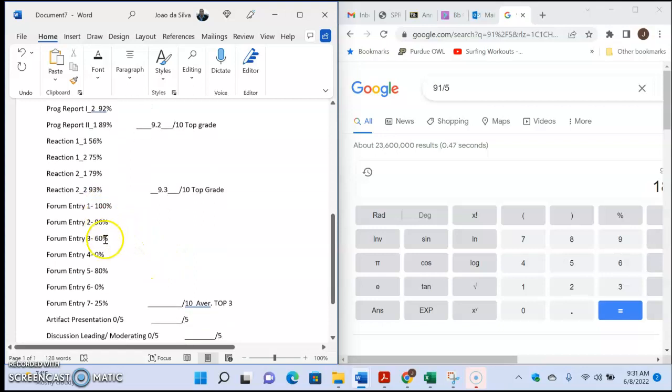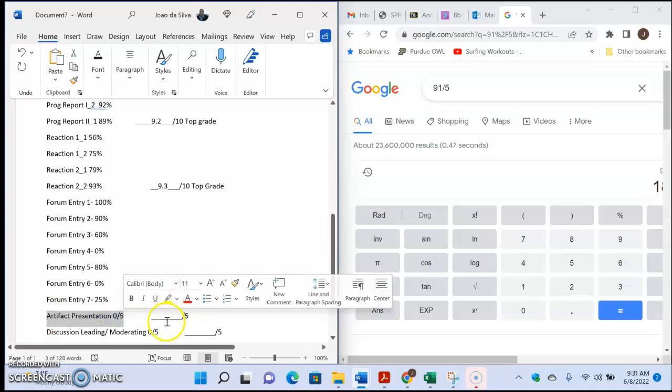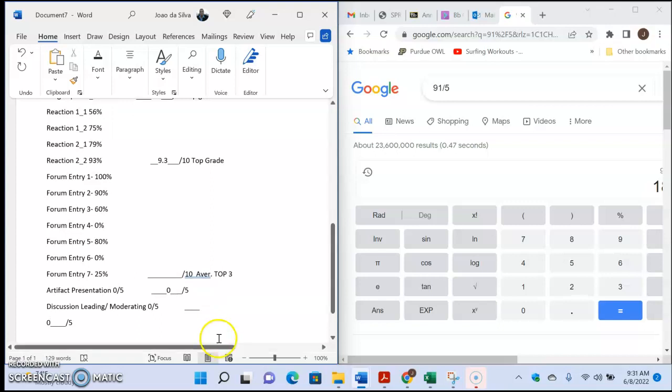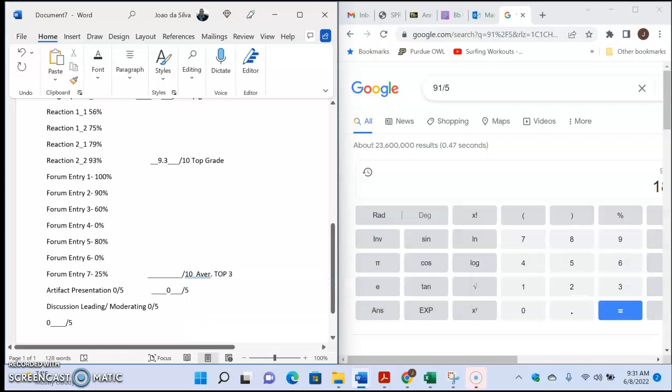Now, this part is a little more complicated: the online participation grade. This student did not do an artifact presentation. The student or the group did not submit it, so the student is going to get a big fat 0 for this, missing out on 5 points. The student is also going to miss out on 5 points because he or she did not do the moderating of a discussion.